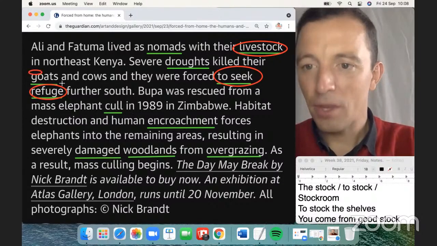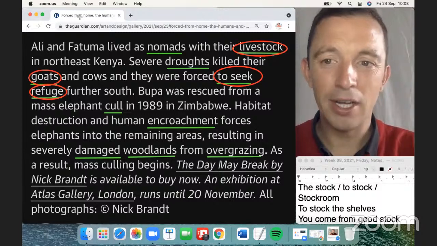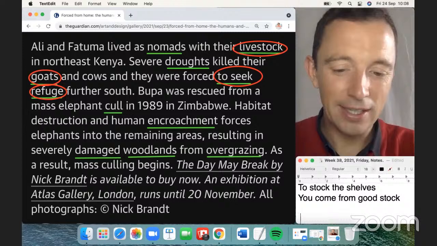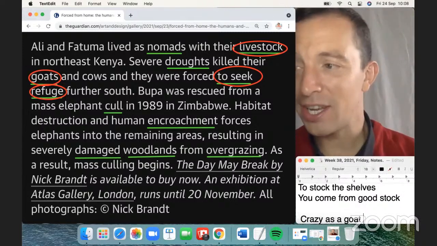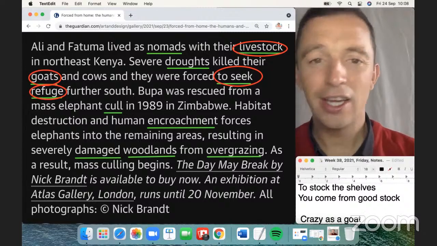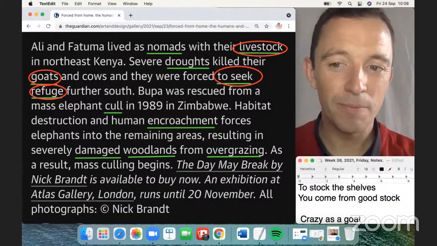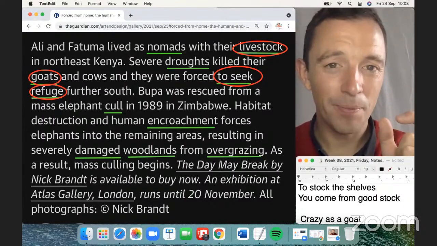Here we have a goat, and a goat is a type of animal, but we have an expression, I think we say crazy as a goat, and in other languages, I think in Latin languages, you also have the expression you're crazy like a goat. Okay, but we also have an acronym.